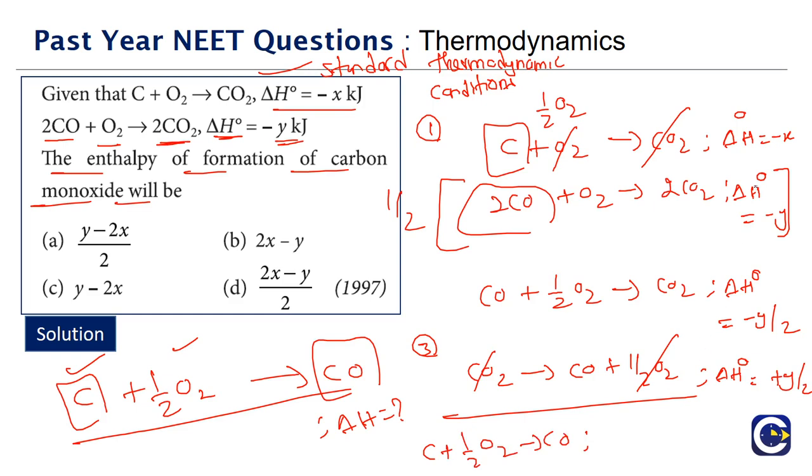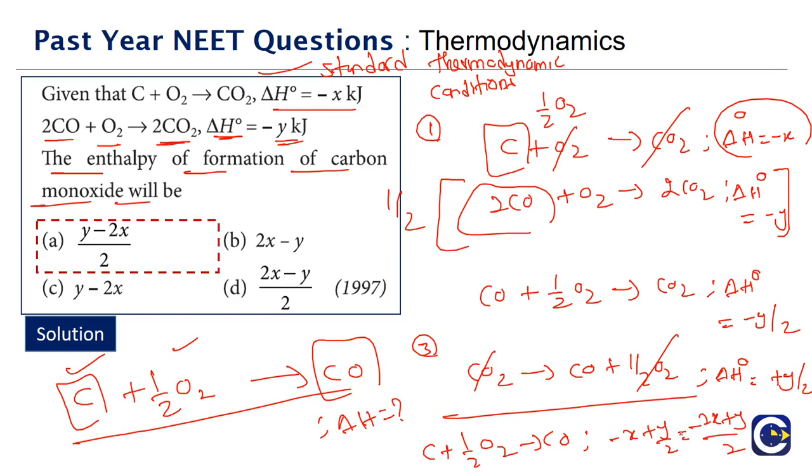Now on the delta H side, this is minus X and this is Y by 2. So minus X plus Y by 2. If you take an LCM, it will be minus 2X plus Y by 2, which is our option A. Either we write it as minus 2X plus Y by 2 or Y minus 2X by 2.